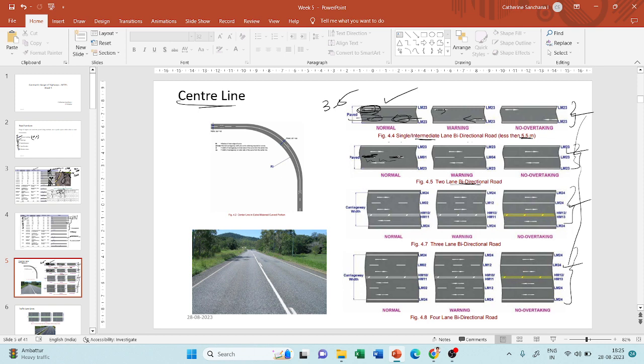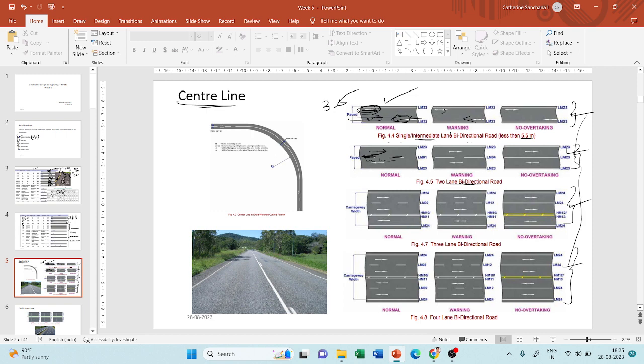Which means if you're moving in this direction, and if you plan to make an overtaking action, then you can easily do it. If you provide this kind of normal center line when the traffic is very less and there's no danger associated with the overtaking action.